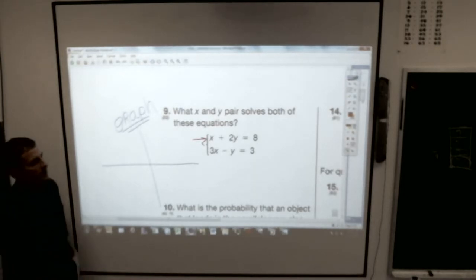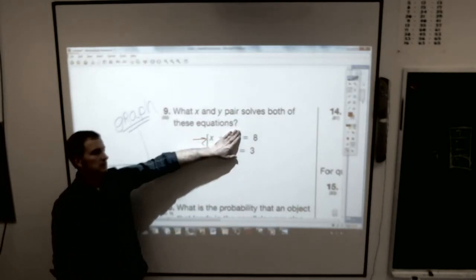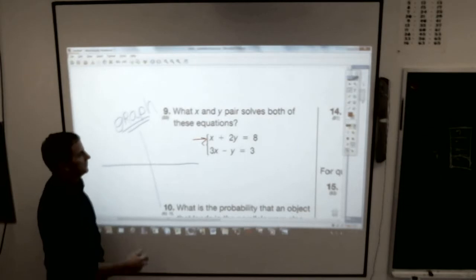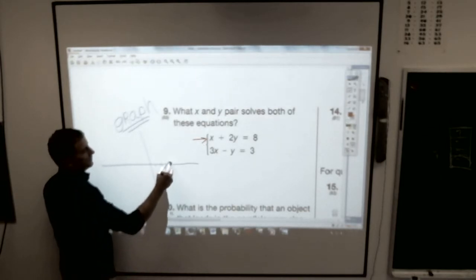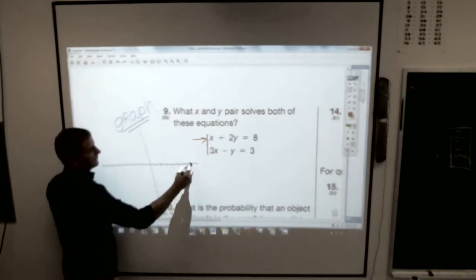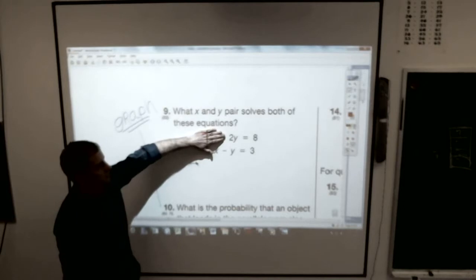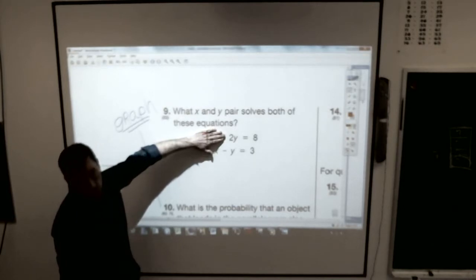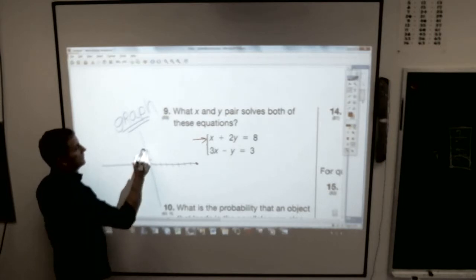Just be careful with it. For the first one, where's the line cross the x-axis? Somebody say 8, because I didn't hear them. 1, 2, 3, 4, 5, 6, 7, 8. Where does that line cross the y-axis? Somebody say 4. I didn't hear them say that. 4, yes. 1, 2, 3, 4.